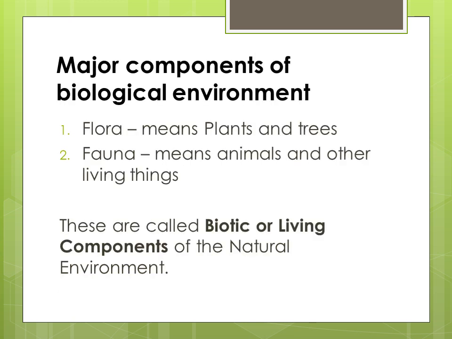Major components of biological environment. Number one, flora means plants and trees, herbs, etc. Number two, fauna means animals and other living things. These are called biotic or living components of the natural environment.